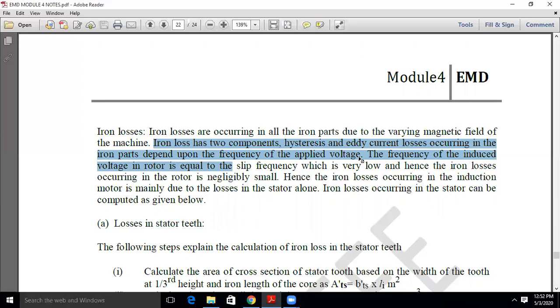Hence the iron losses in the induction motor are mainly due to losses in the stator alone.